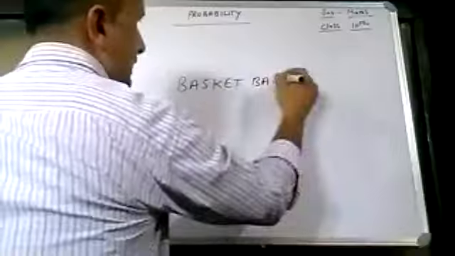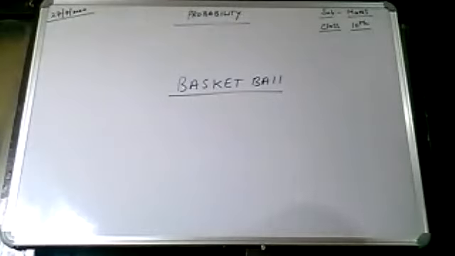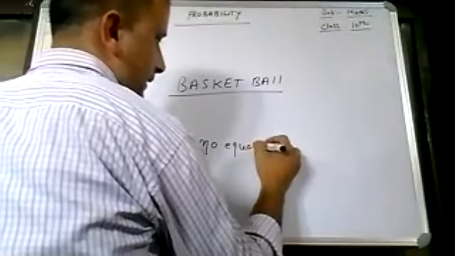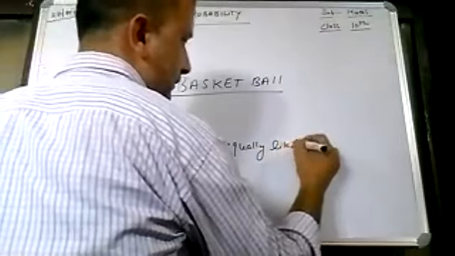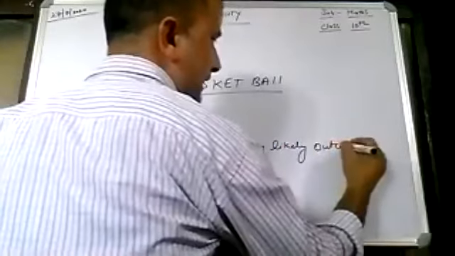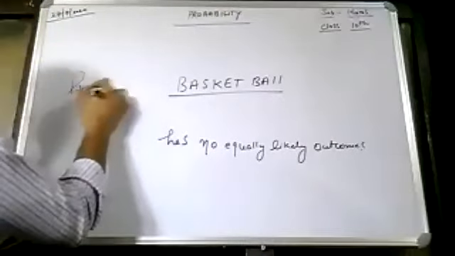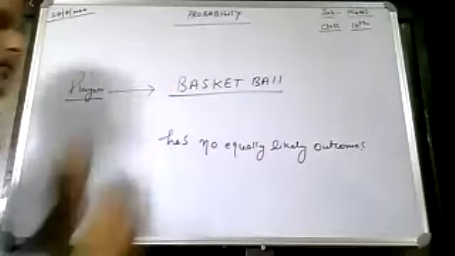So class, this also has no equally likely outcomes. But how, class? This is a player attempting to shoot a basketball.